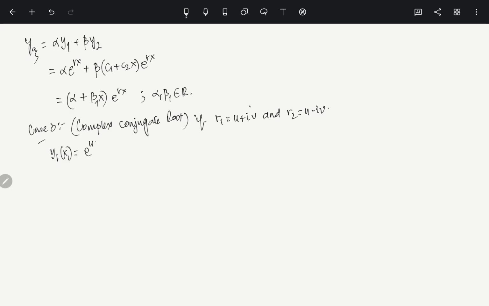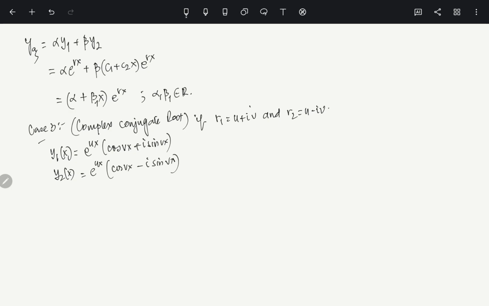So, e power ux times e power I vx, which is cosine vx plus I sine vx. And y2 of x will be the exact same thing with the minus sign here. So, it is e power ux times cosine vx minus I sine vx.